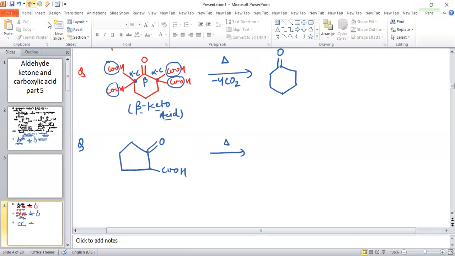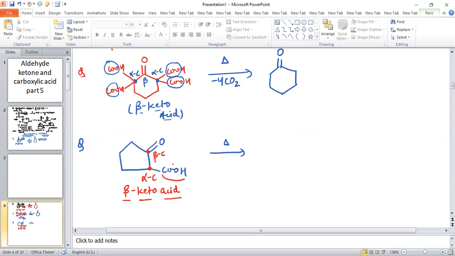You can easily identify there is a carboxylic COOH group. With respect to this, this is the alpha carbon and this is the beta carbon. So basically this compound is a beta keto acid.